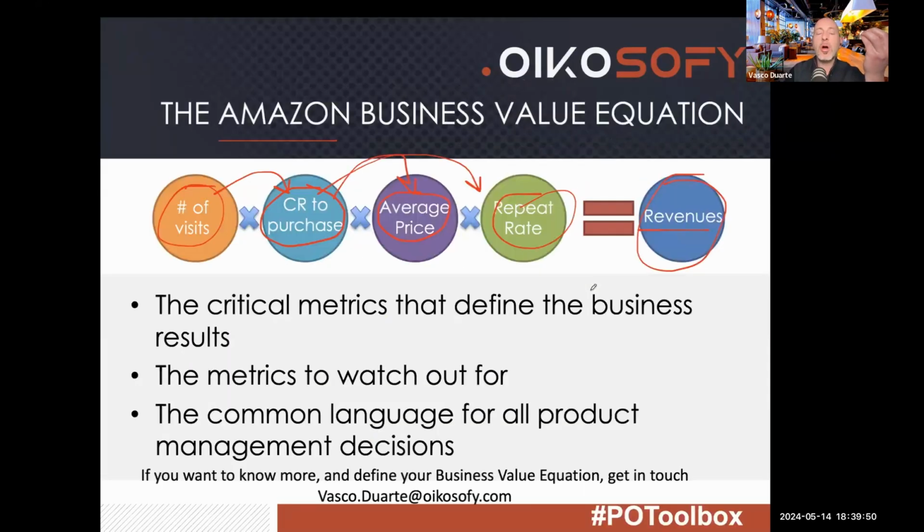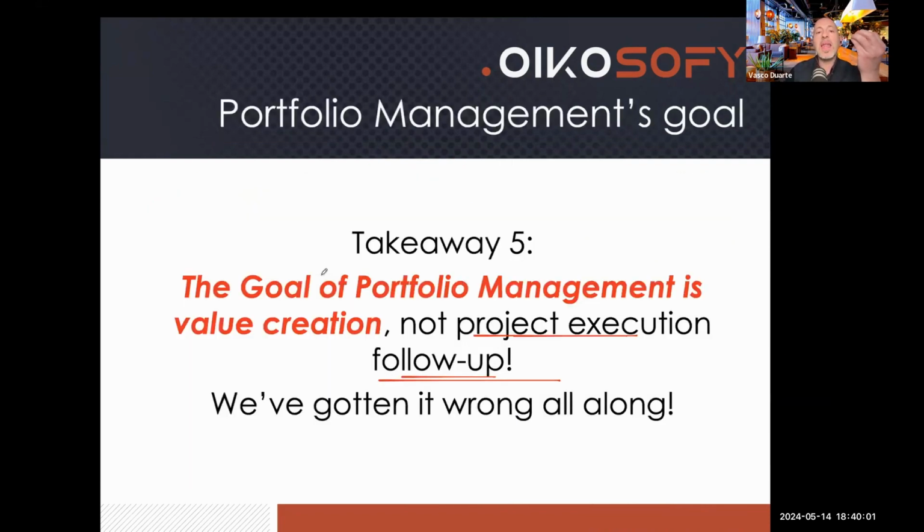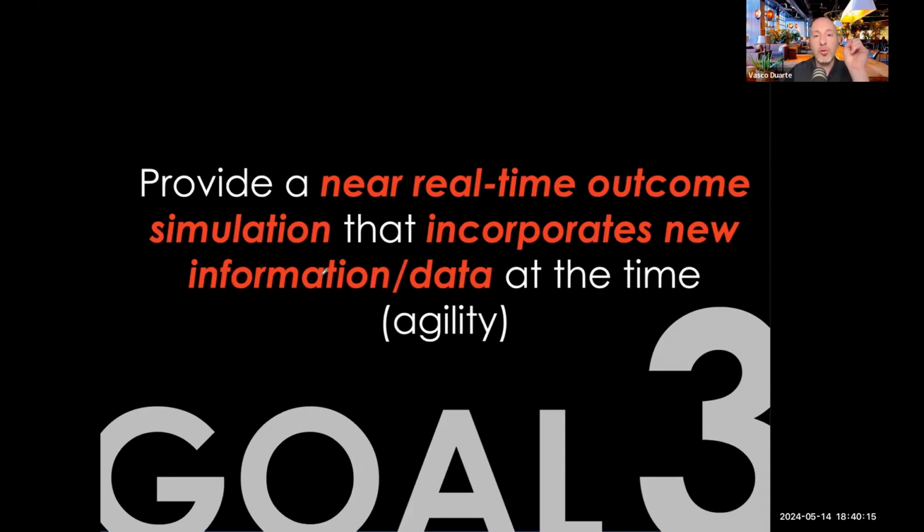And we talked about how we need to be crystal clear about the metrics that define success for us and for our business. Those are the variables we want to simulate, and to focus portfolio management on assessing how we are evolving in the value creation rather than in project execution. Those two are critical aspects for our talk today.